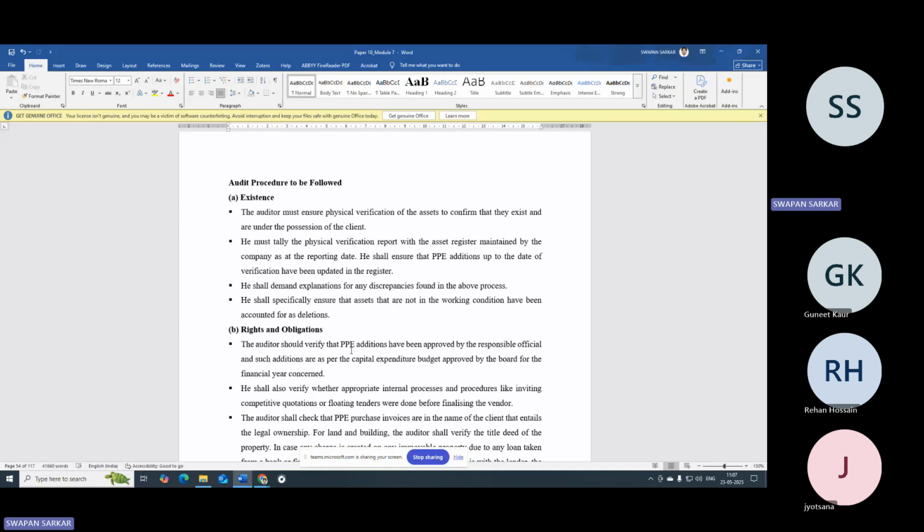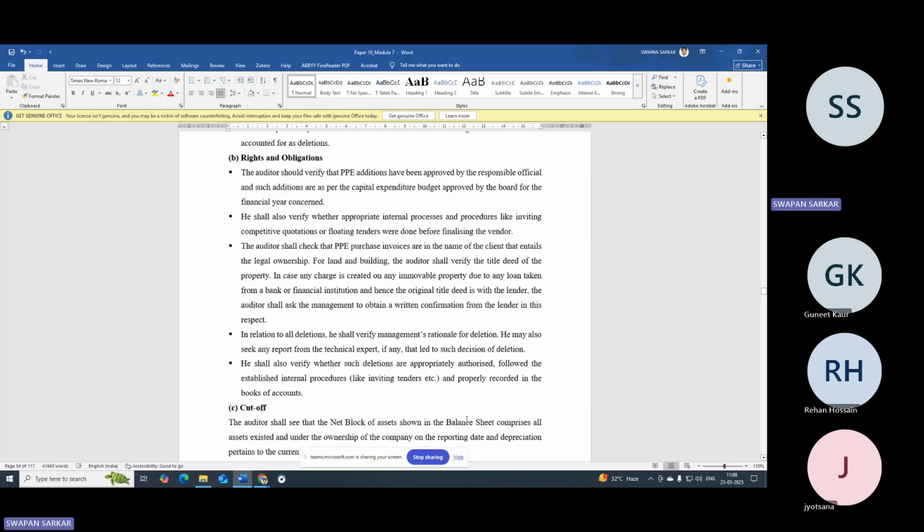He shall ensure that PPE additions up to the date of verification have been updated in the register. He shall demand explanation for any discrepancies found in the above process, and he shall specifically ensure that assets that are not in working condition have been accounted for as deletion.